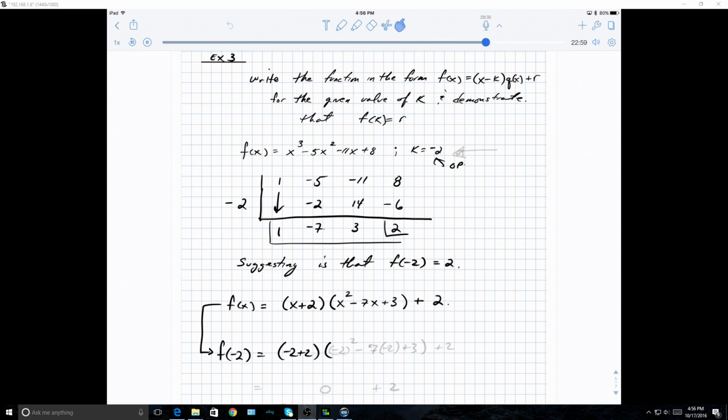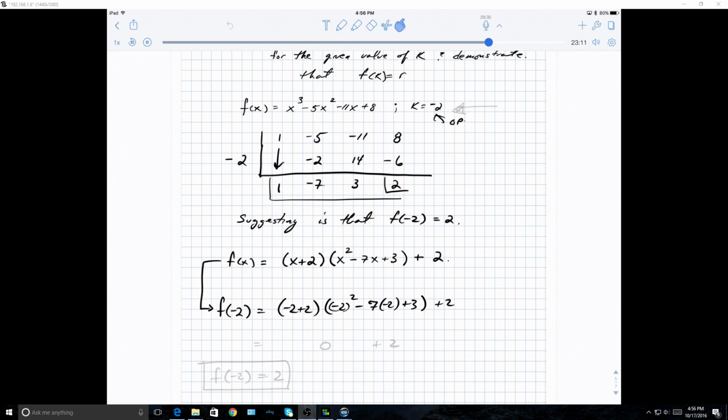Well, there's our 0, and negative 2 quantity squared minus 7 times negative 2 plus 3, and all of that plus 2, and we're good to go. That looks like all that's going to be 0 plus 2, or f of negative 2 is in fact 2.